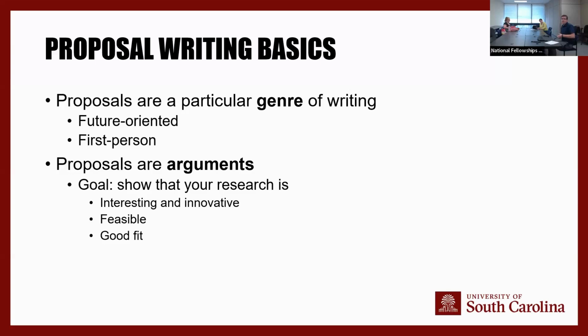And so in some disciplines, it's more the case that you're writing in third person or writing in passive constructions because the focus is more on the research there. But in the context of a proposal for an individual fellowship, it's really trying to show your preparation and trying to show how you're going to make a contribution here. And so that does mean that you're likely to use more first-person writing, because it's important to show what you know, what you're capable of, your skills, your ideas here.